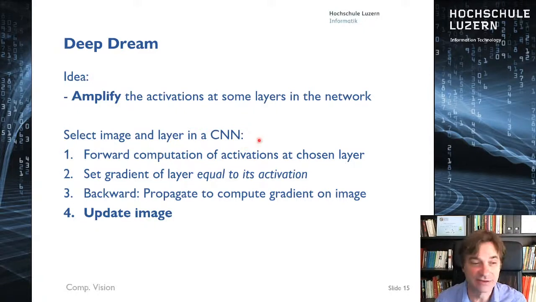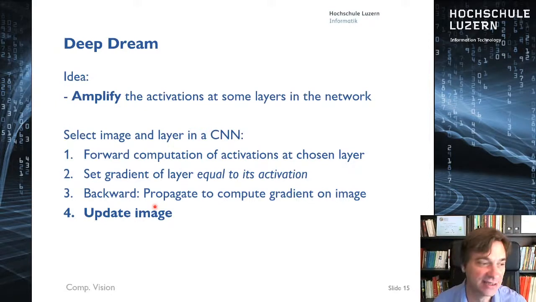Then we specify some specific layer where we want to look at the activations, and then we backpropagate. But in the backpropagation, we do not want to change the network, we want to change the image. So we set the gradient of that layer equal to its activation and let it propagate back to the image. And then we update the image instead of the weights.